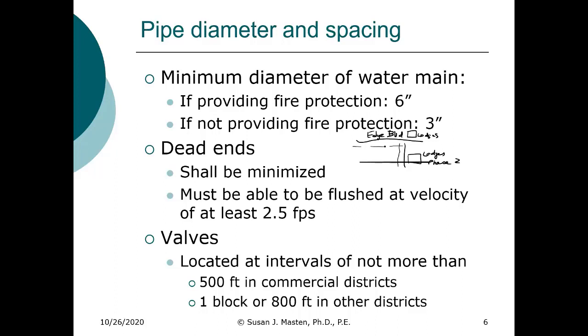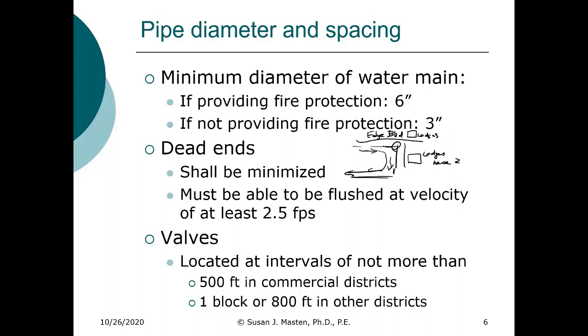What we don't want in the distribution system is this to be a dead end, basically the end of the distribution system. What we want is for water to flow, for instance, in this direction, then in this direction, and then, I forget the name of the road, this way. So water is flowing and it's not stagnating.